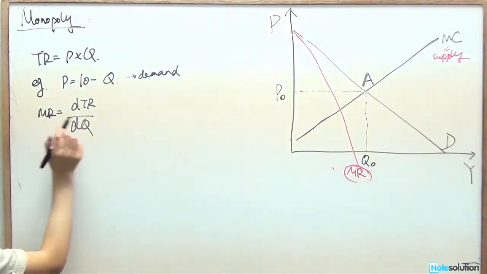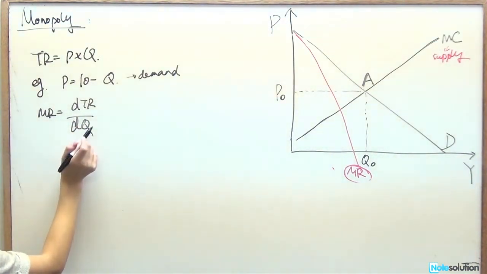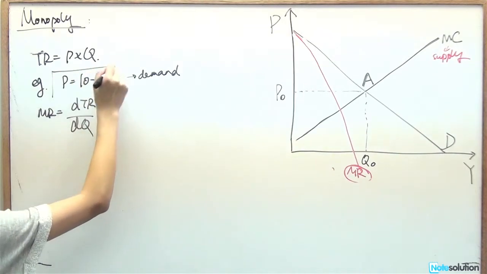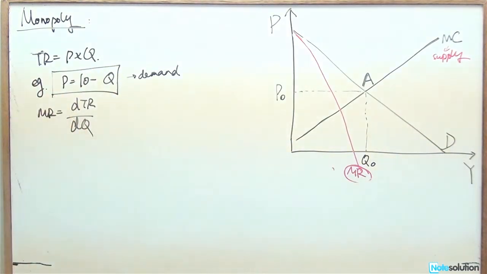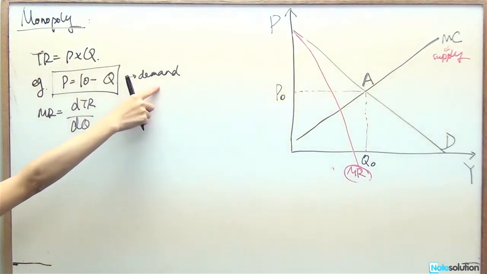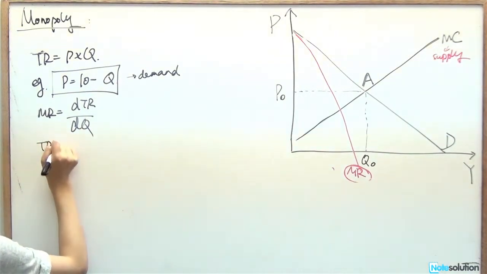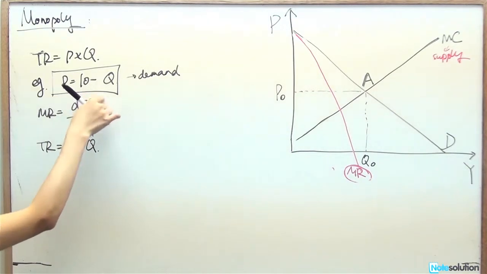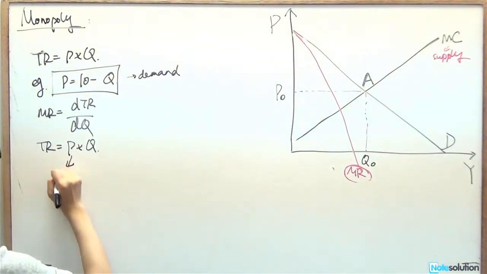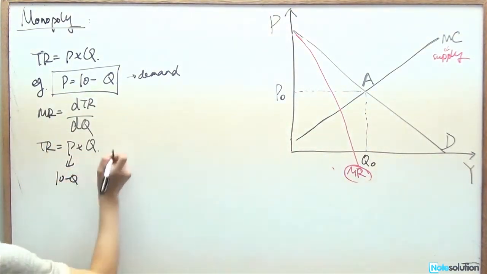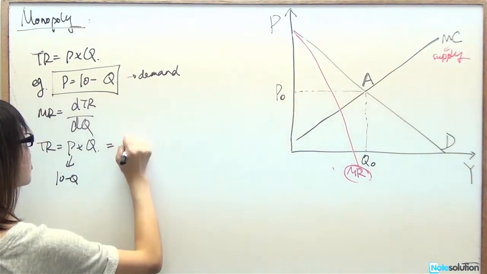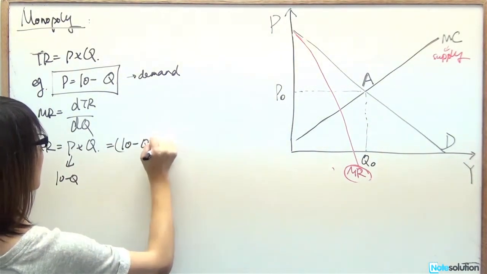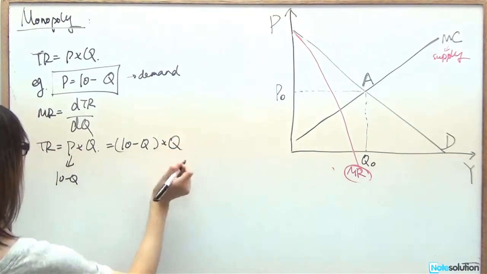Now let's assume that P is equal to 10 minus Q, and this is our demand curve. We know that TR is equal to P multiplied by Q, and P is a function of Q, so P is equal to 10 minus Q. Our total revenue is equal to 10 minus Q multiplied by Q.